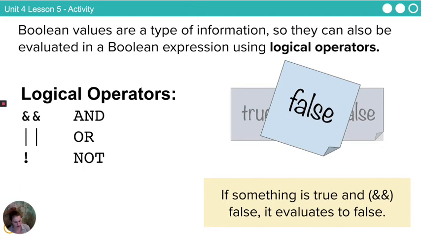And just a note here that and as the word is represented in our computers as 2 ampersand signs, or is 2 vertical lines, and not is this exclamation point, which makes sense from what we did earlier when we noticed that exclamation point equals was not equal to.